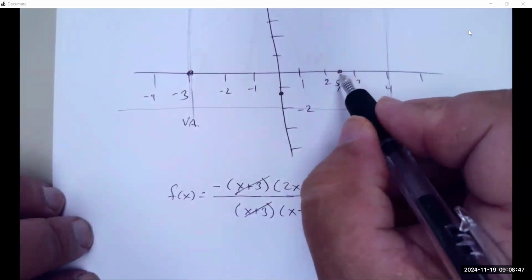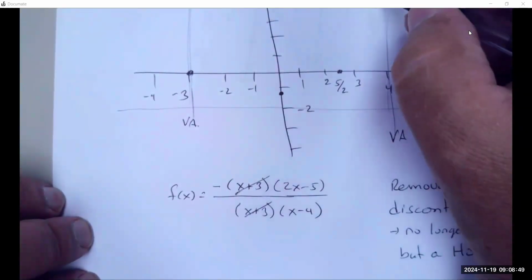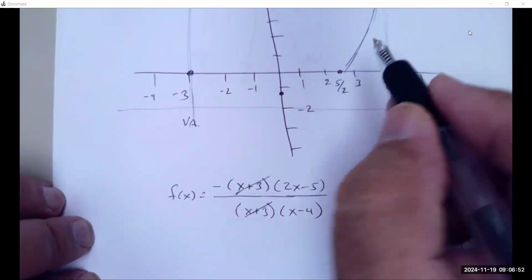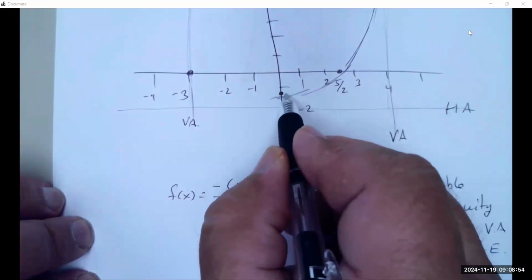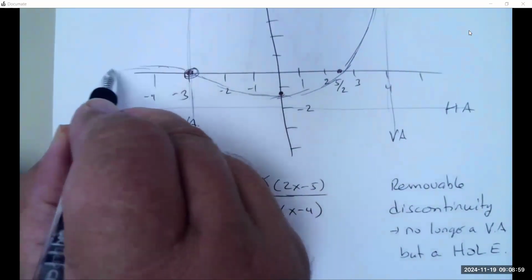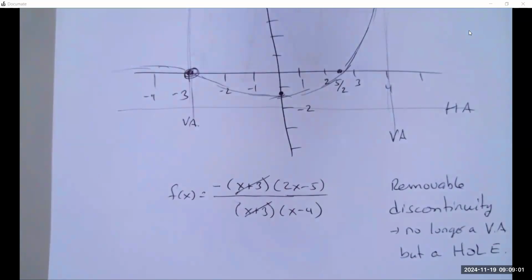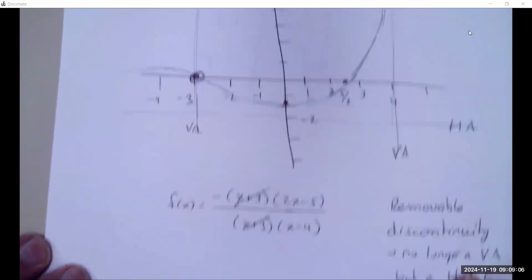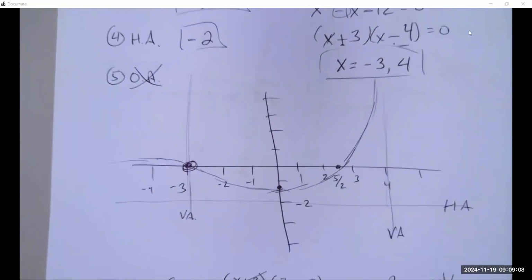Since we have an x-intercept there and a y-intercept there, it crosses here, it's a hole, but then it tapers off again. In other words, it becomes a hole at that value. And yeah, the rest of it's what we got.